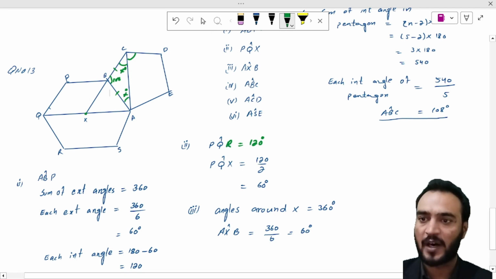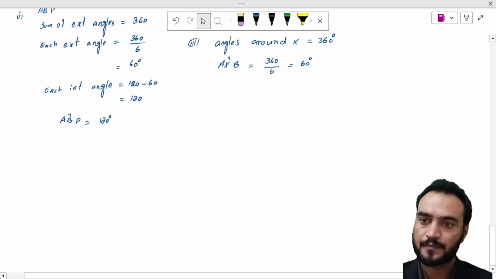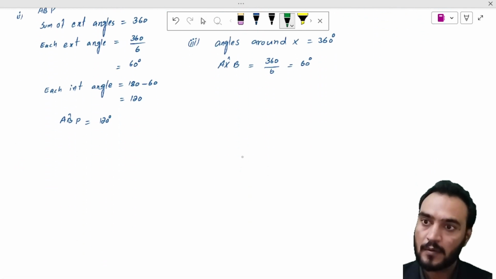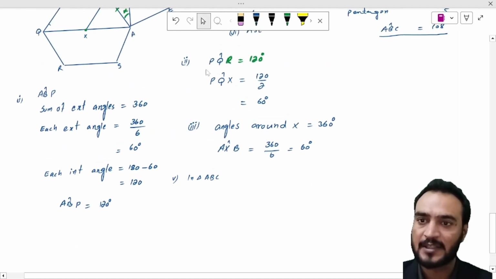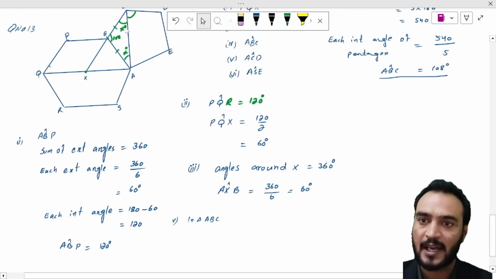So part 5 is in triangle ABC. We know three angles in triangle ABC, that is x degrees, x degrees, and 108 degrees marked green.